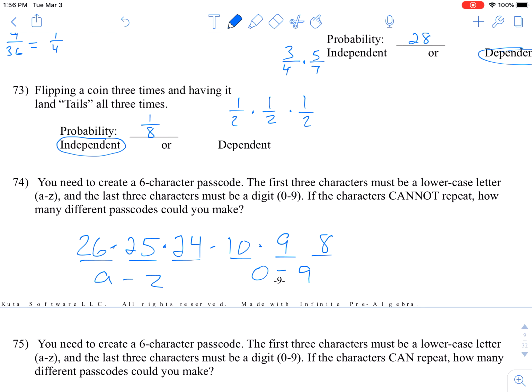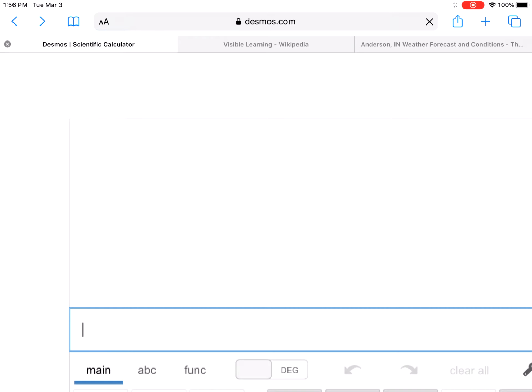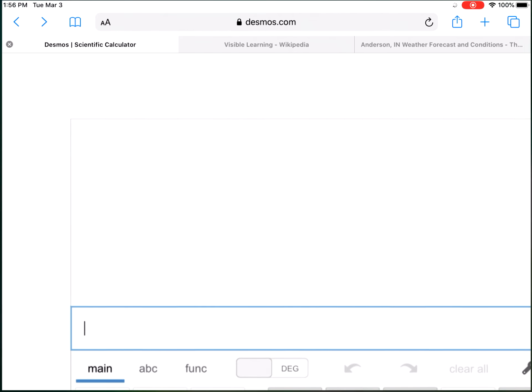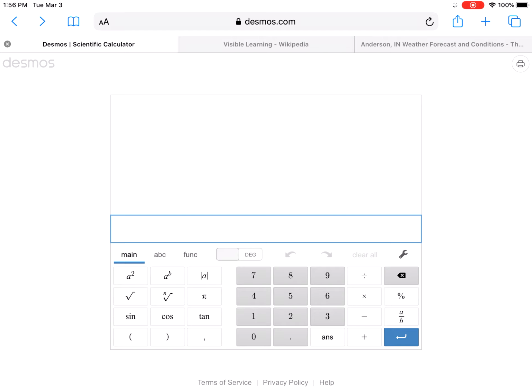all together. And absolutely use a calculator for this. We want to make sure we use Desmos scientific calculator. And so our calculator said 26 times 25 times 24 times 10 times 9 times 8.